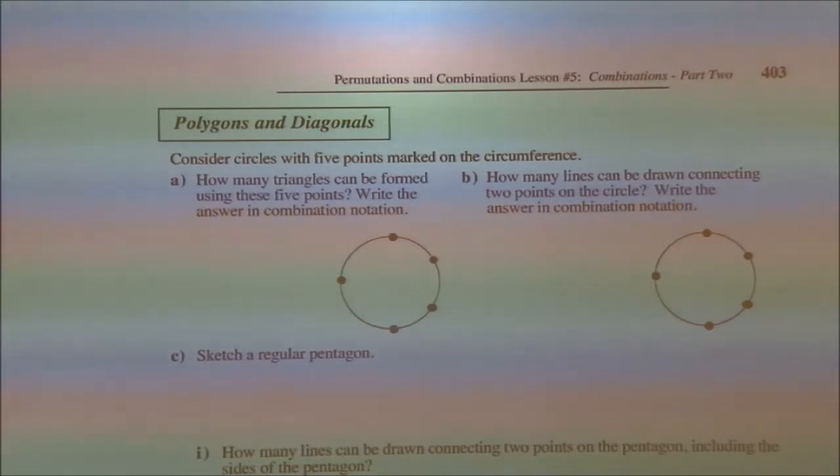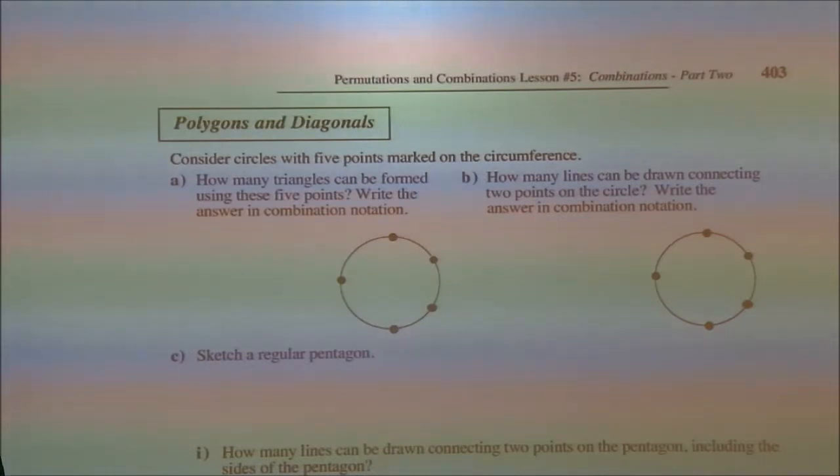Okay, this next part: sometimes there's a question that comes up on the diploma that has to do with diagonals. So it says, consider a circle with 5 points on the circumference. How many triangles can be formed using these 5 points? Answer in combination notation.